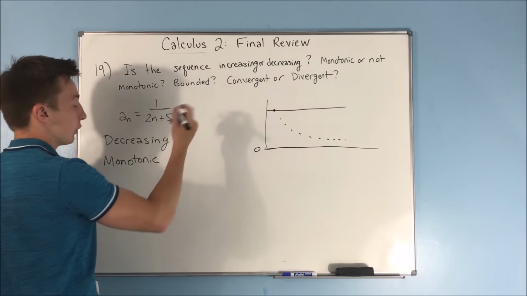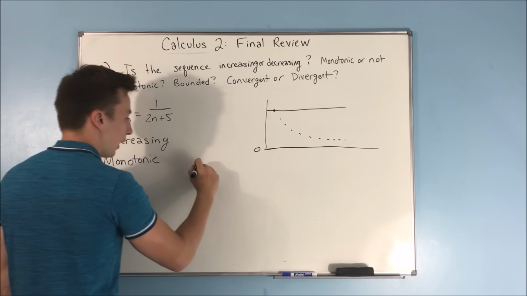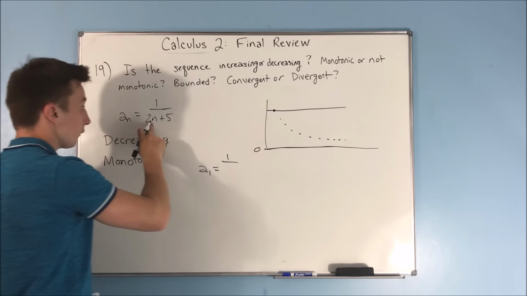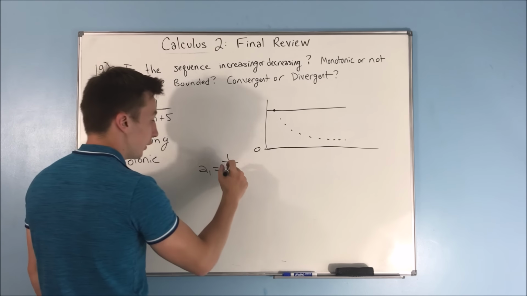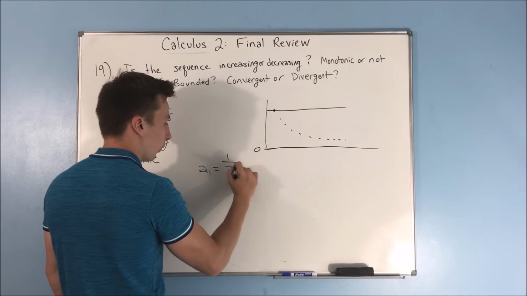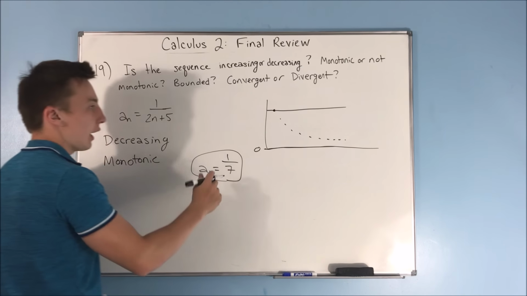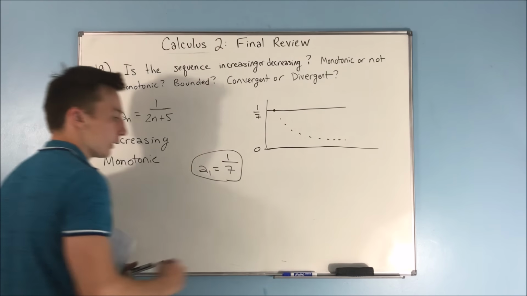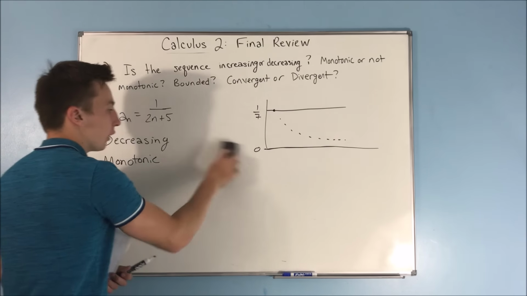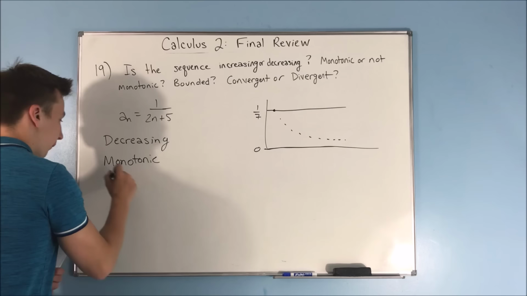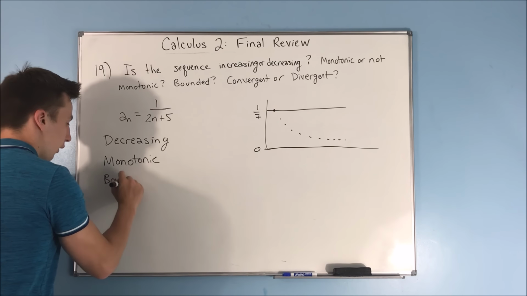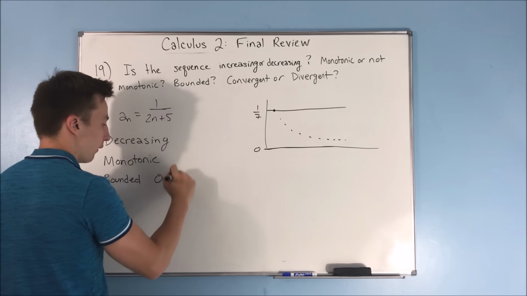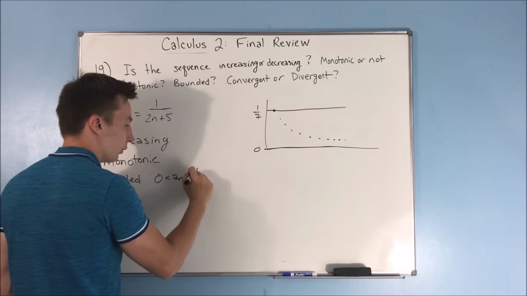So a sub 1 equals 1 over 2 times 1, which is 2, plus 5 is 7. So a sub 1 equals 1/7, and that is your top bound. So it's bounded by 1/7 and 0. So you can say bounded: 0 is less than a sub n is less than or equal to 1/7.